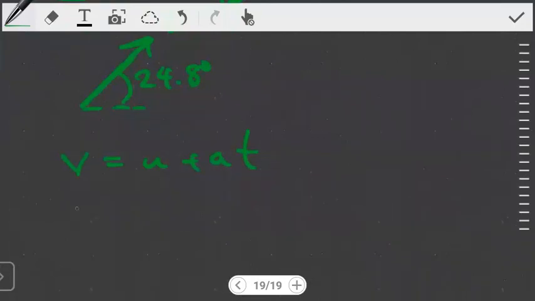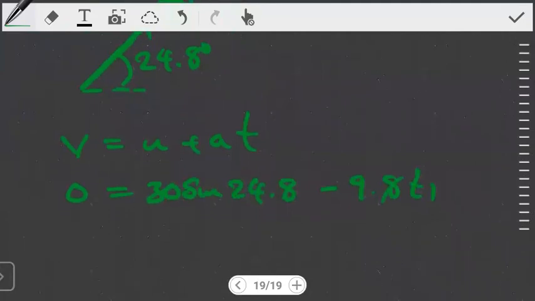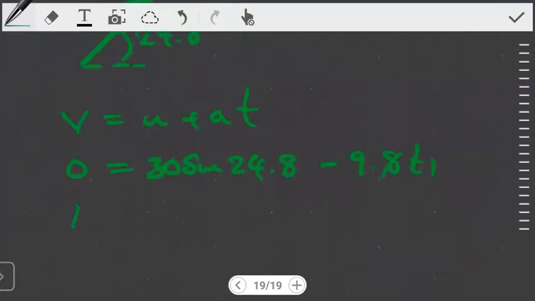At the maximum height, the final velocity is 0. The initial velocity is in the y-axis, so it is going to be 30 sine 24.8 minus 9.8 t1, where t1 is the time for the maximum height. So t1 is equal to 30 sine 24.8 over 9.8.